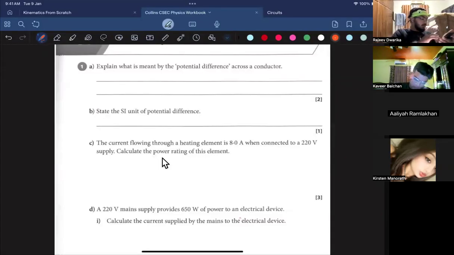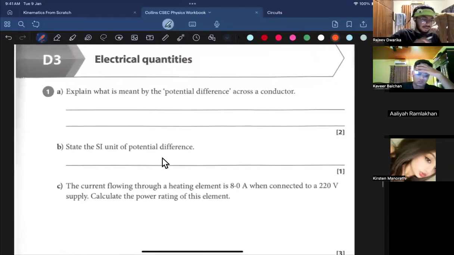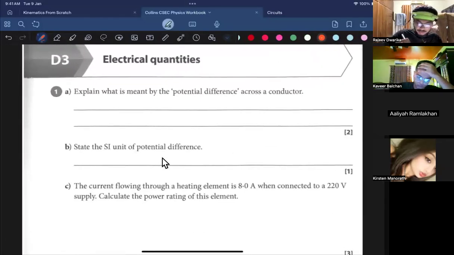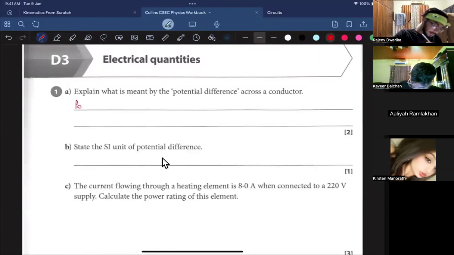Right. So, Kirsten, I liked your definition the most for 1E. And you said that potential difference. So guys, potential difference is just a fancy name for voltage, right?